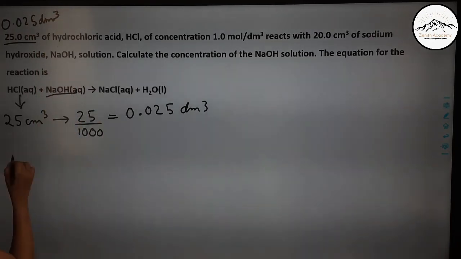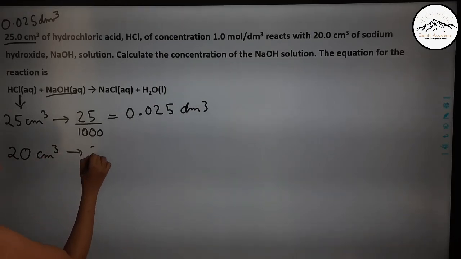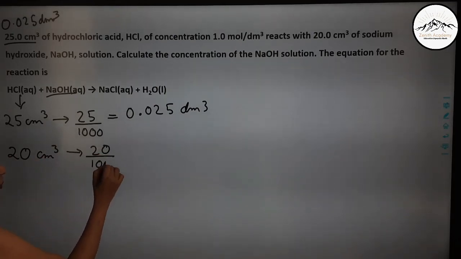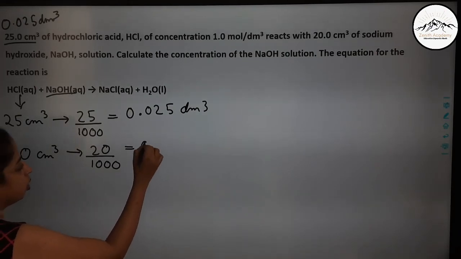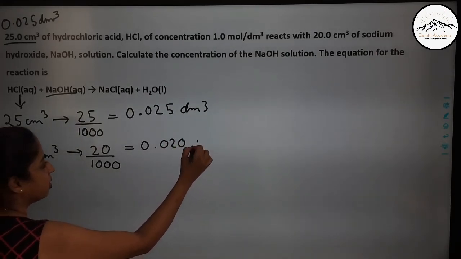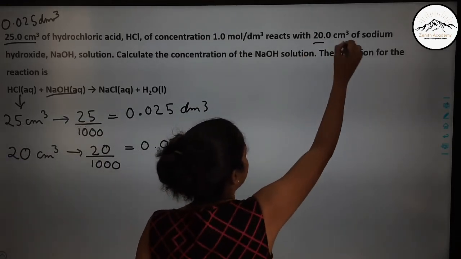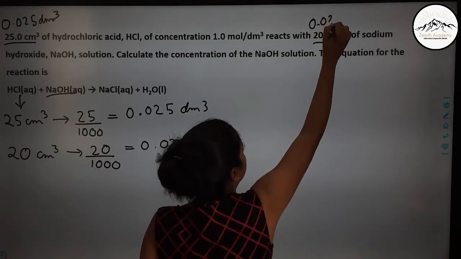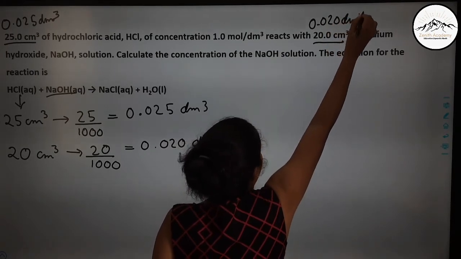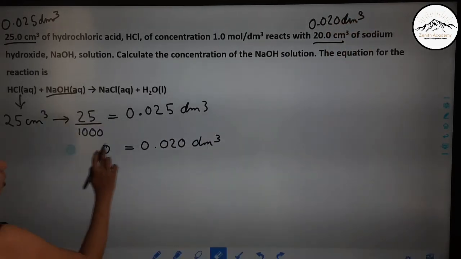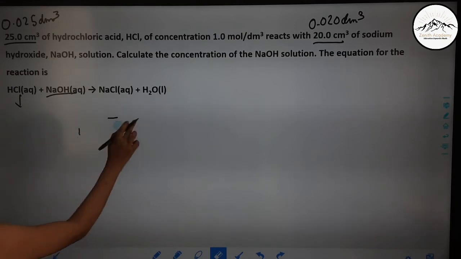Now for NaOH, the volume is 20 cm³. So there also I divide it by 1000 to make it 0.020 dm³. So now this volume is 0.020 dm³. So we have converted the volumes.